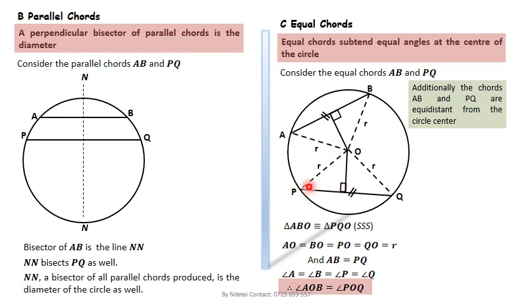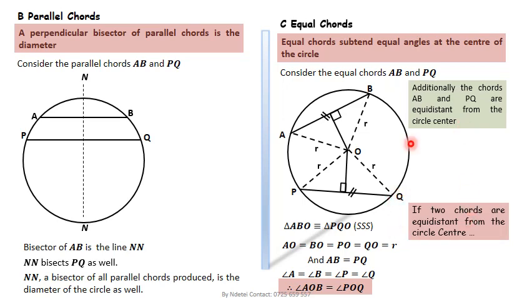Please notice that the distance is given by the square root of r squared minus this distance, and yet this distance is also the same as the square root of r squared minus p to this point squared, and yet p to this point is the same as b to this point. That tells you something. This distance must be the same as this, and therefore we can say that AB and PQ are equal distances from the circle center.